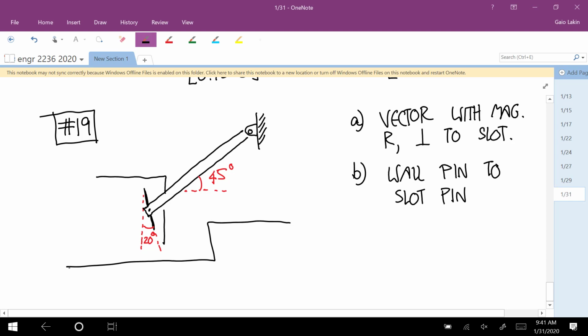For part A, there are two vectors that are perpendicular to that slot. One going this way and one going this way, and either one of those is fine.